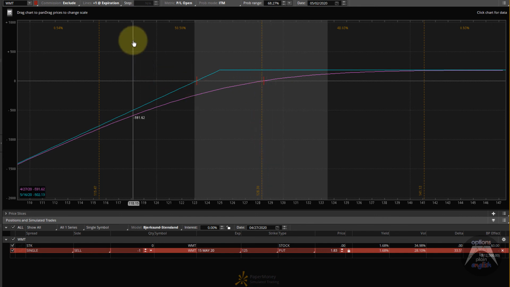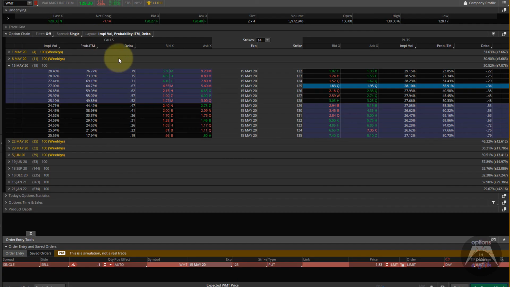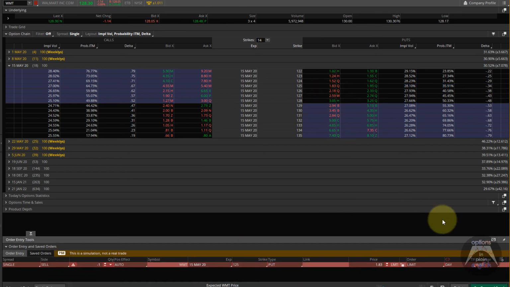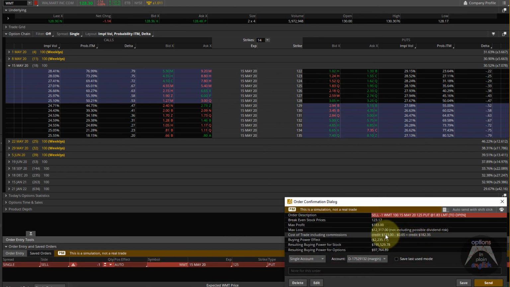Now, this is simple, but now we're going to go back and do the same thing in a margin account. So I'm going to delete this transaction. I'm going to do it again. And you can see here, we now have the exact same thing, and the max loss is still $12,317.